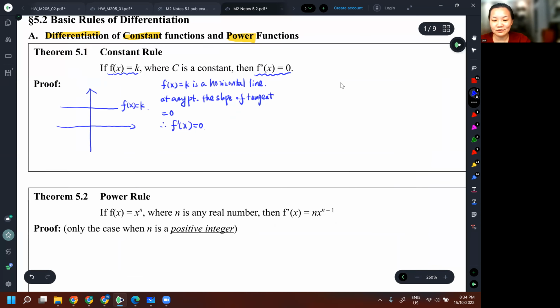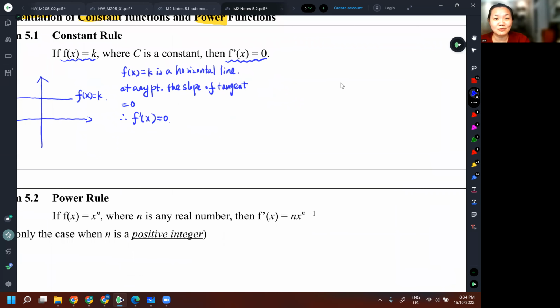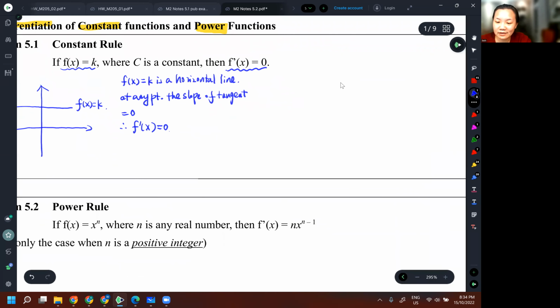Second method, I can prove it through the first principles. f prime x, the derivative function, is equal to limit h approaches 0 of f of x plus h minus f of x divided by h, and that equals limit h approaches 0 of k minus k over h.